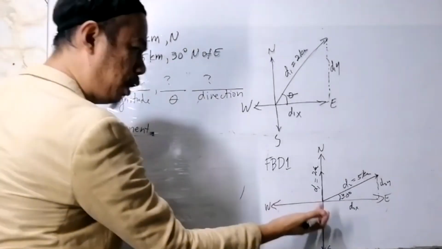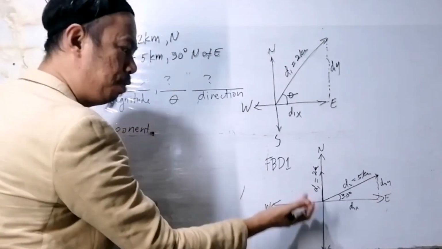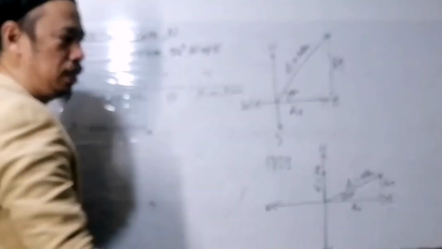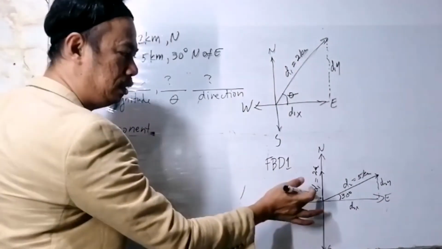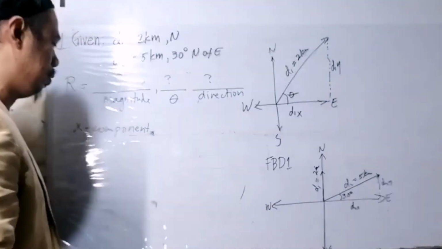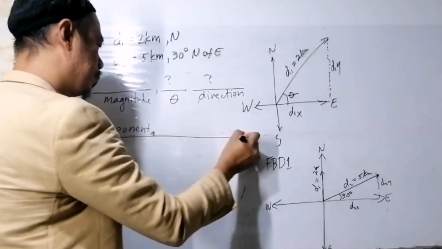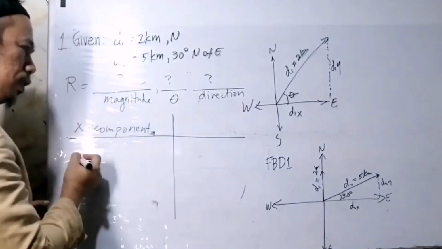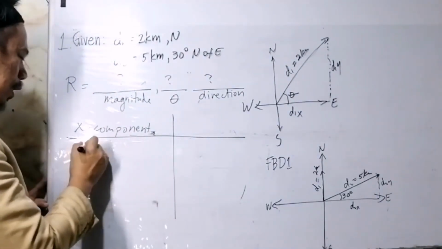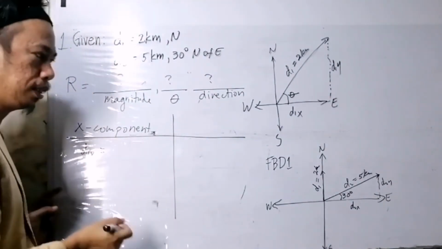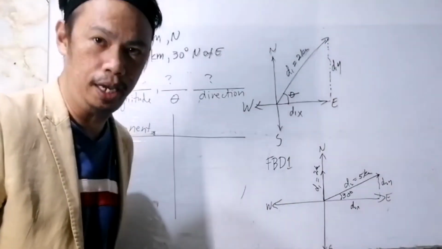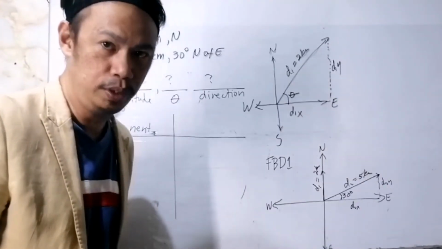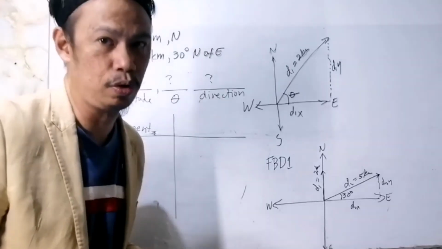Okay? If you're going to notice, we don't have d sub 1x. But instead, this is the d1y. So, therefore, d1x is what? We don't have the d1x. What do we have? We don't have. So, 0. Okay?